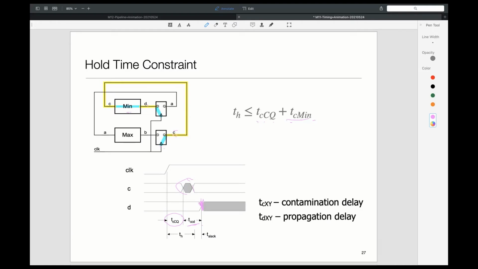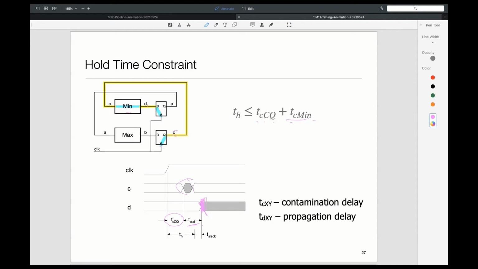But remember, the upper flip-flop is also operating, and it had a hold time requirement. The input to the upper flip-flop should remain stable for some time after the clock tick. So I need to make sure that D doesn't change before the hold time is up.